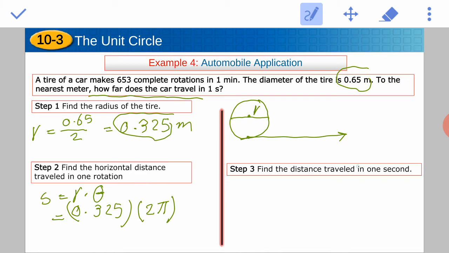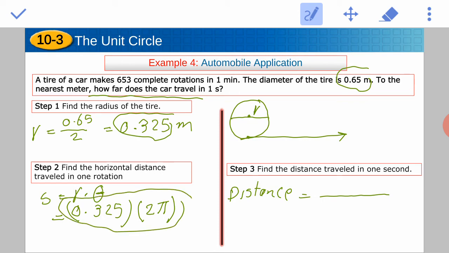So in step number 3, guys, we need to figure out the distance traveled in 1 second. So guys, how do we find that distance traveled in 1 second? Please focus on the following step. Guys, we're gonna take the horizontal distance traveled in one rotation. This is one rotation.